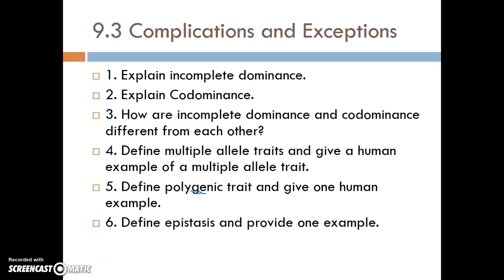And then the last one there, define epistasis and provide one example. So in epistasis, this is when the expression of one gene depends on the other gene and what you have for that other gene. So the example we used in class was mouse coat color. Mice can be black coat color or brown coat color, but if they have the no pigment gene, then that trumps the coat color gene.